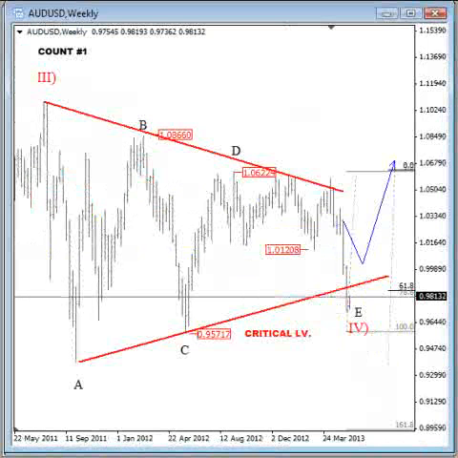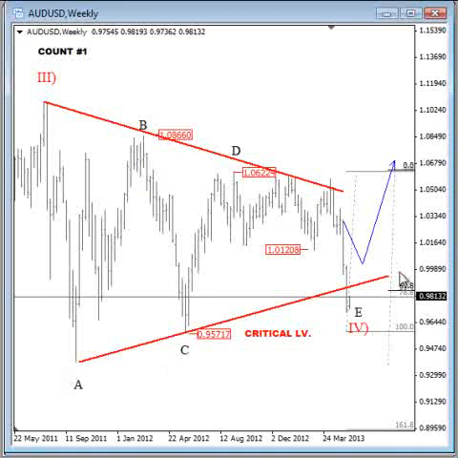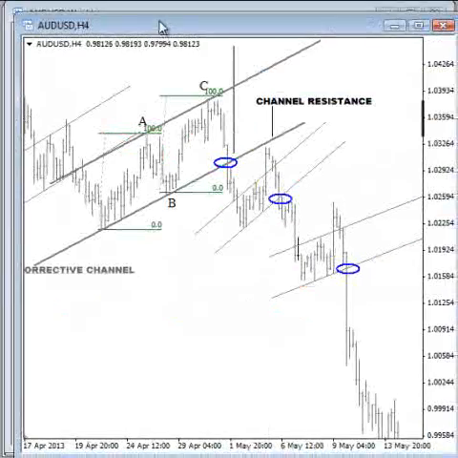At the same time, if we go back to this weekly chart, I will be tracking this trend line very closely, because in a wave 4 pullback, this broken trend line could become a very nice resistance area.